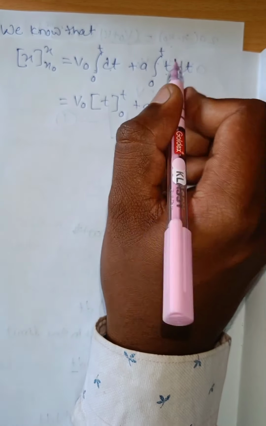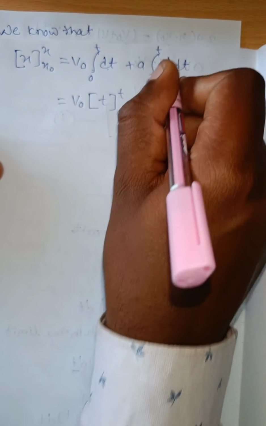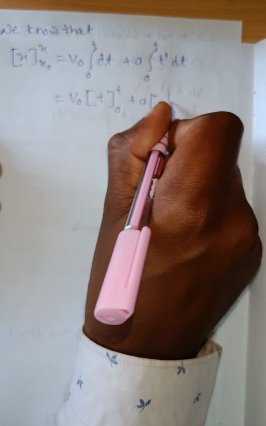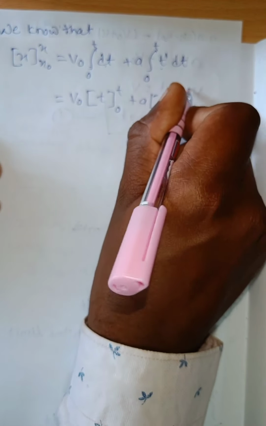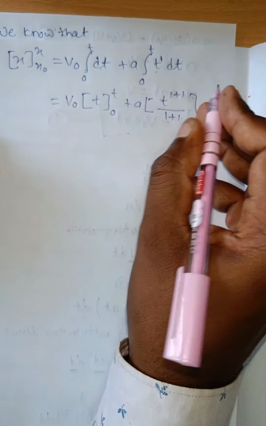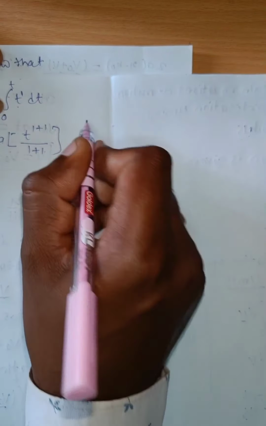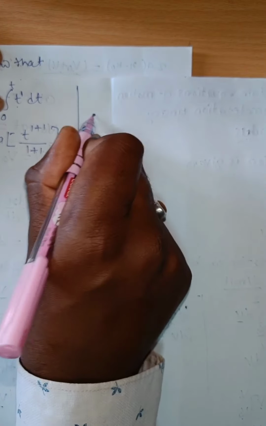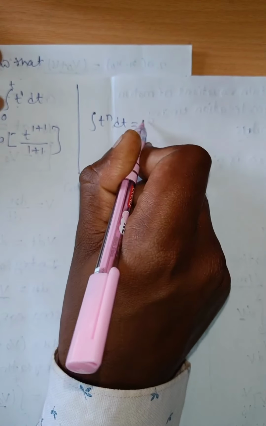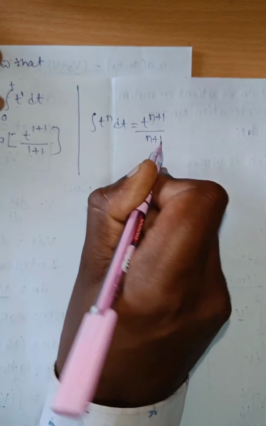Here we use the rule: integration of t to the power n into dt is equal to t to the power of n plus 1 divided by n plus 1.